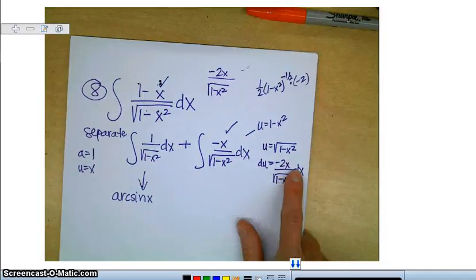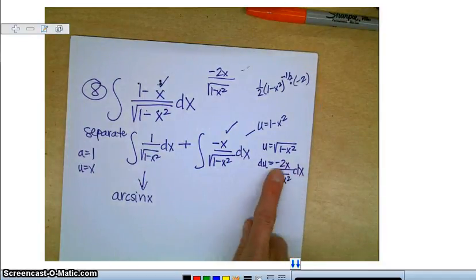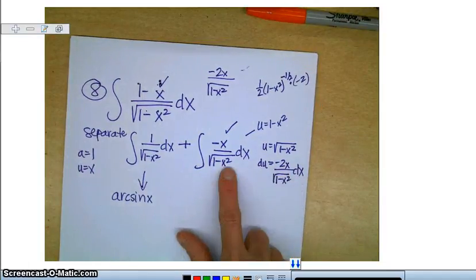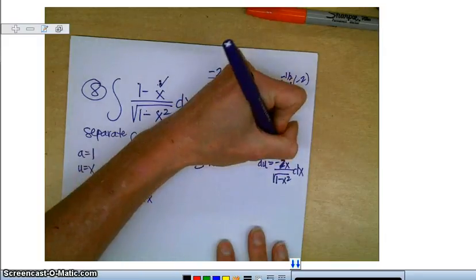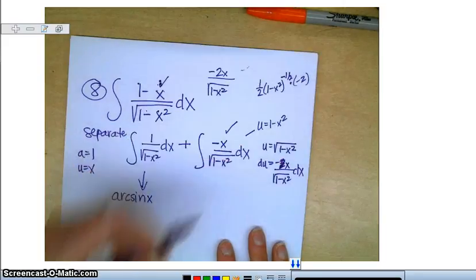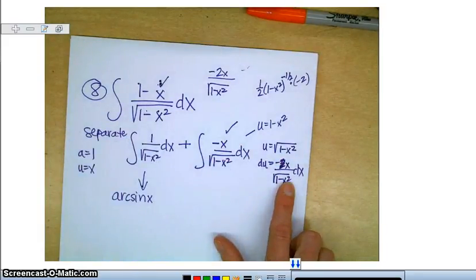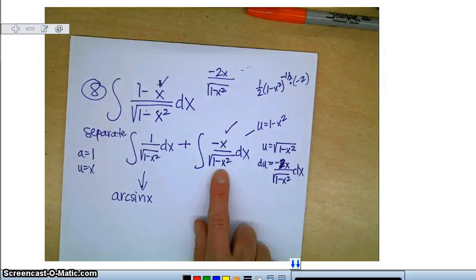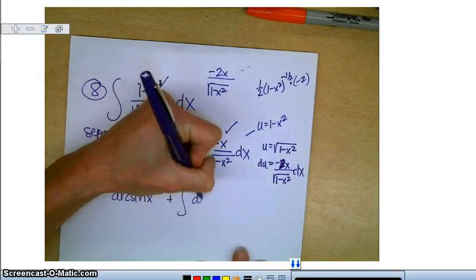See how this whole thing, if I get rid of that negative 2, is the whole integral? Doesn't the 1/2 and negative 2 cancel off? Yeah, they cancel off. So the du is the entire integral. So is it okay if I just write this as plus the integral of du?